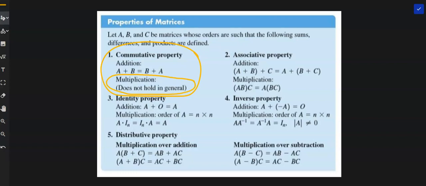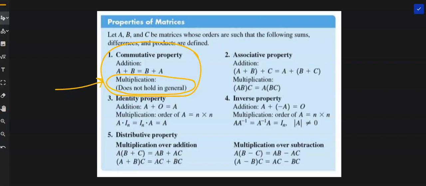Okay, matrix multiplication is not commutative. That's the important thing. Now, all the other things that you normally think of, the identity property, the distributive property, the associative property, inverse, all that stuff is exactly the same. There's nothing new in any of those.